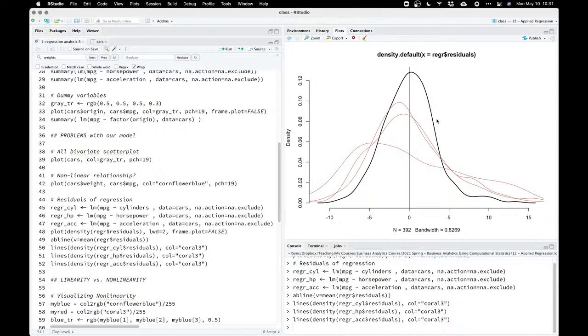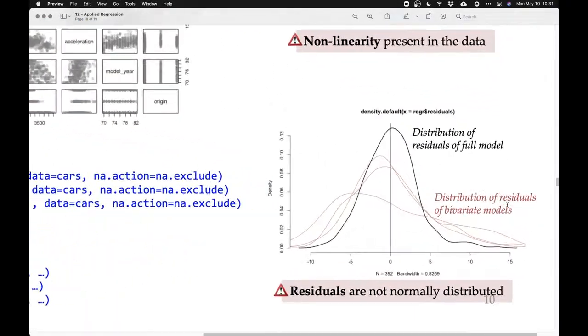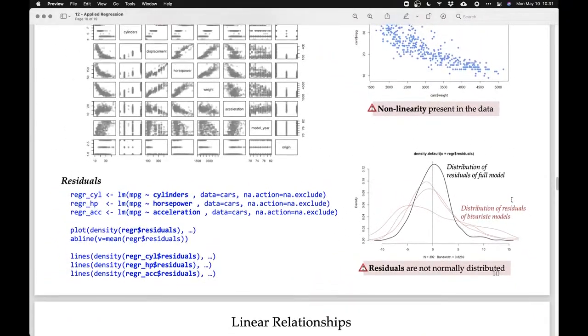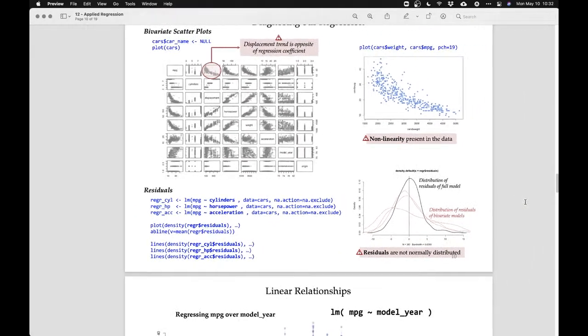All right? These are the density plots of those other residuals. So there is a problem, that's this picture right here, there is a problem with our residuals. They are not distributed normally around the regression when you do miles per gallon over those variables, right?